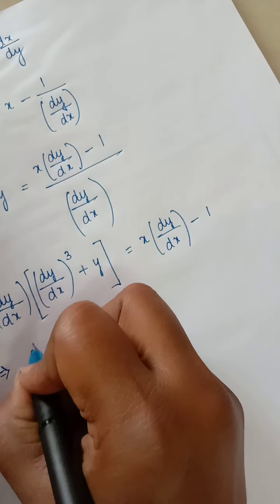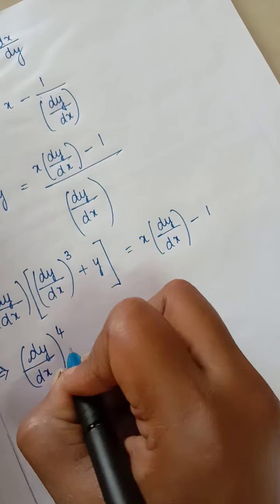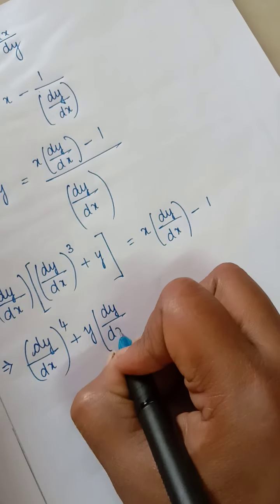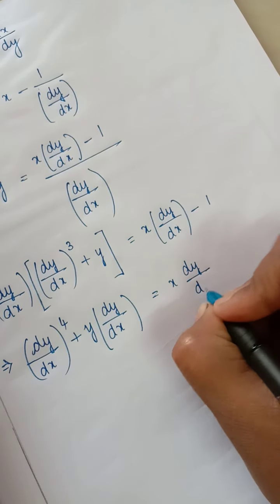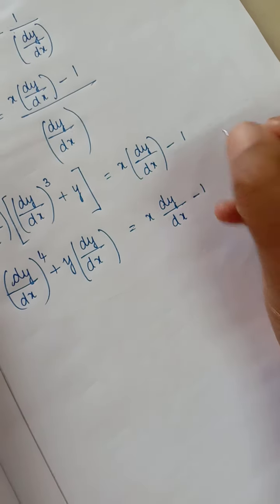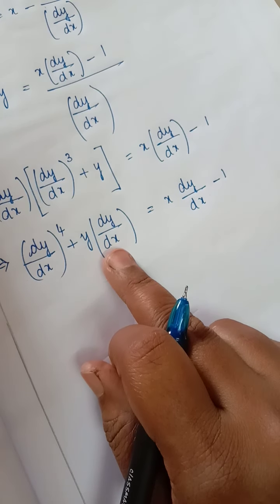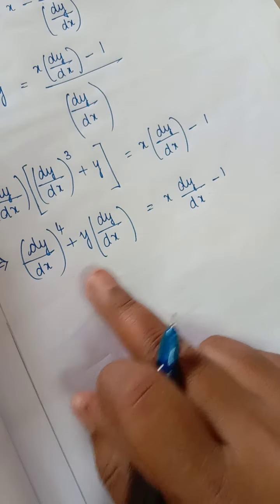That implies (dy/dx)^4 + y dy/dx = x dy/dx - 1. Now you see dy/dx here, and here also dy/dx, so all the terms are first order.